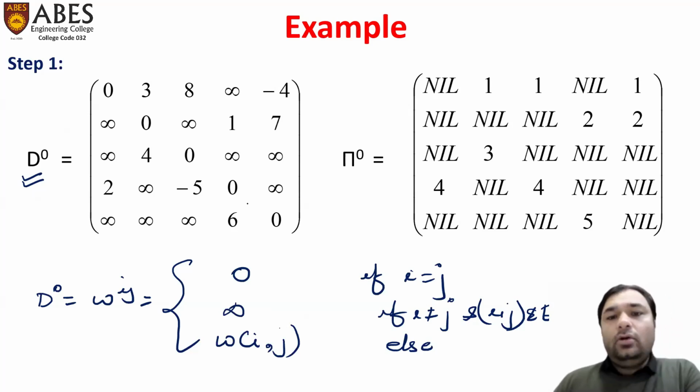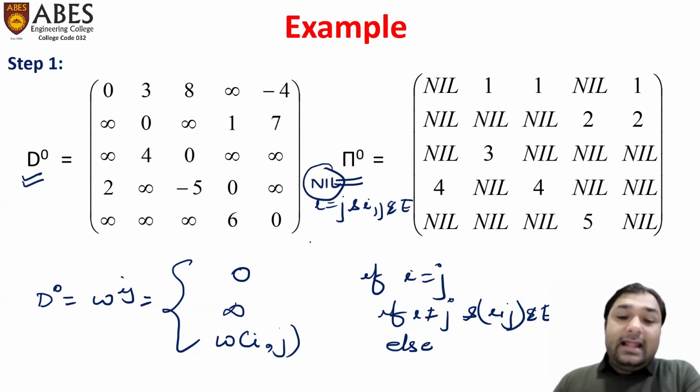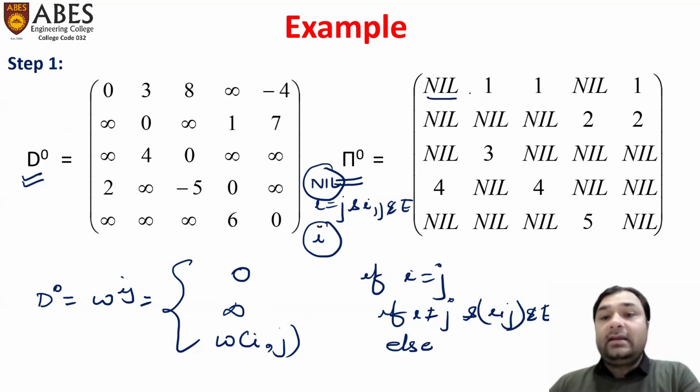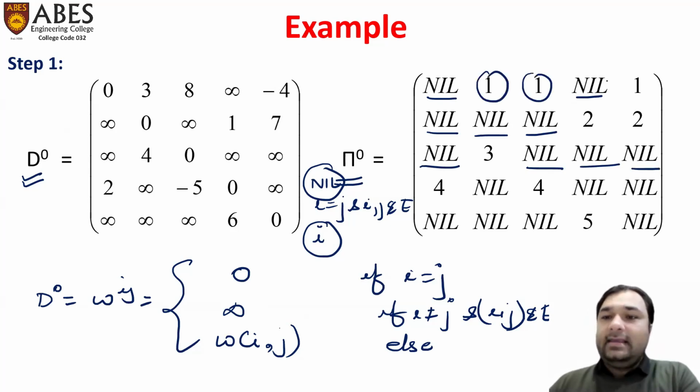After creating D naught, we can simply create pi naught with this. For pi naught, what we have said is, if i equals j or (i, j) does not belong to an edge, then we simply write nil. Else we write i. So what we are seeing here is, we are getting nil values in the diagonal and everywhere there is no edge, and we are getting this as i.